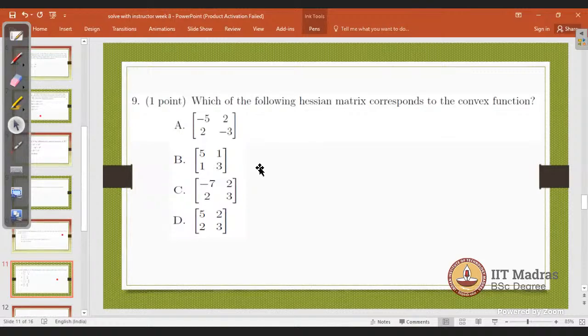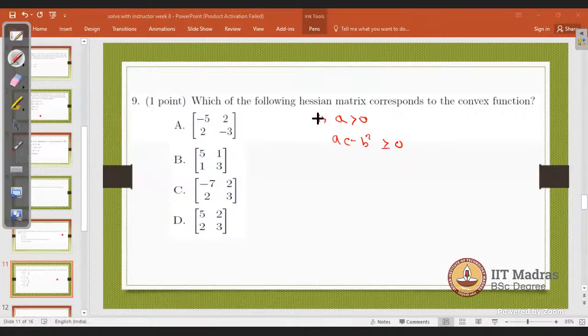Whoever is answering A, just first check your answer. I will again try to revise the properties. We follow two properties here. The first, A should be greater than 0. And the second property is AC minus B square should be greater than or equal to 0.